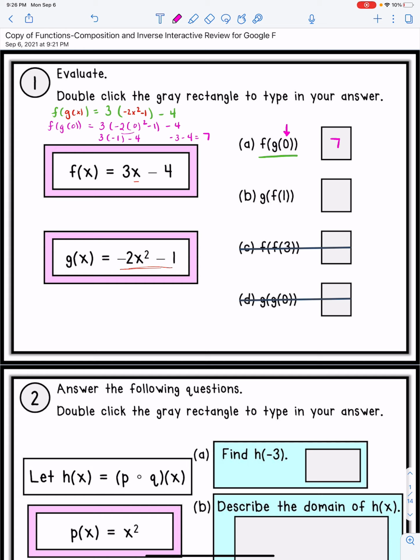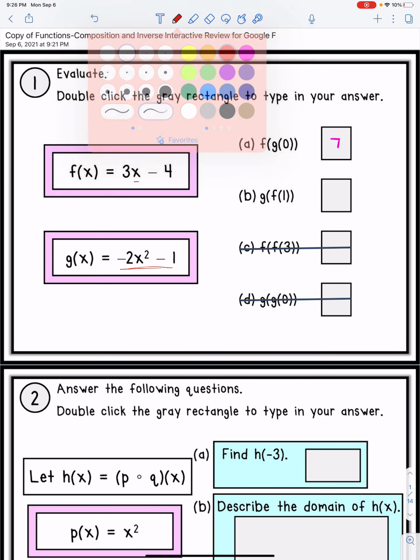Okay, now if we go to the next one, now they want us to kind of flip that around. Okay, so we want g of f of 1. So we're going to start with g.